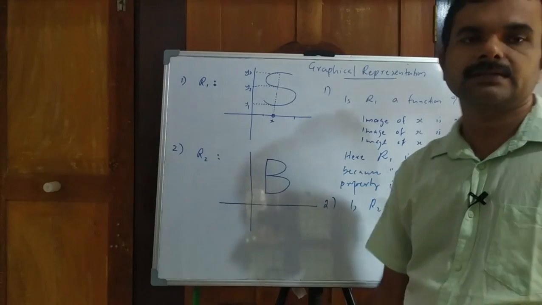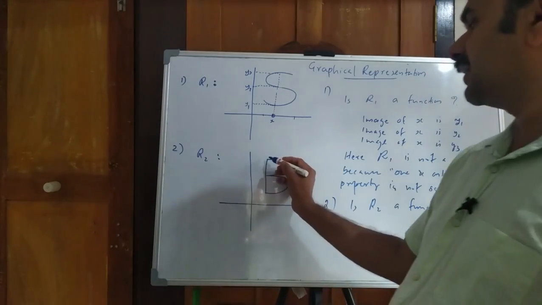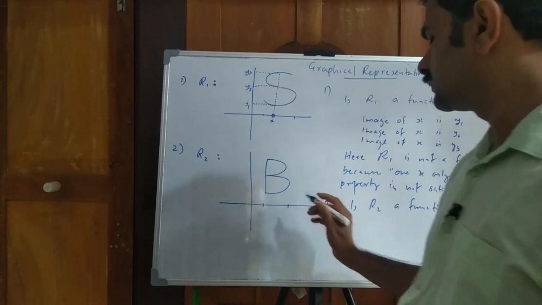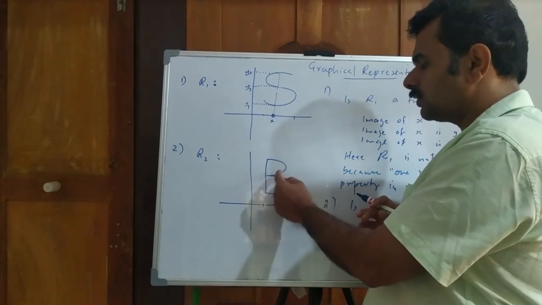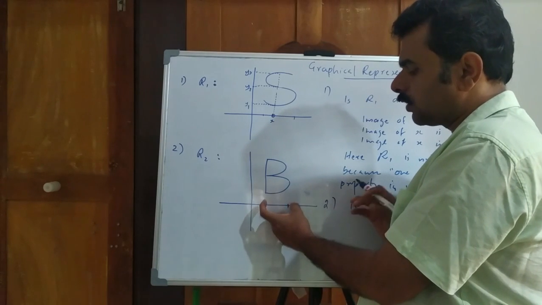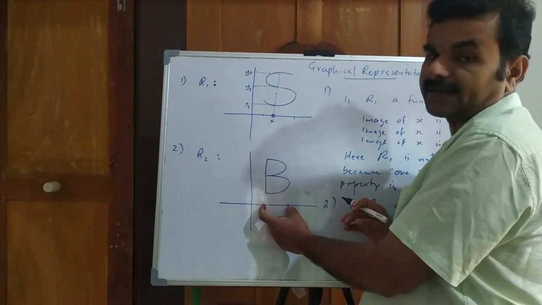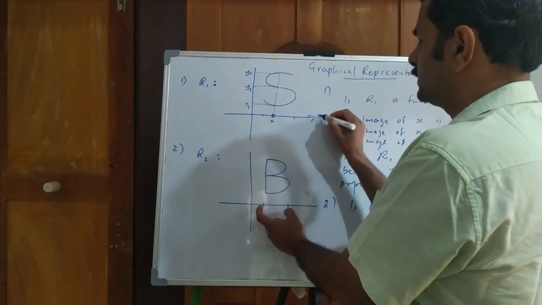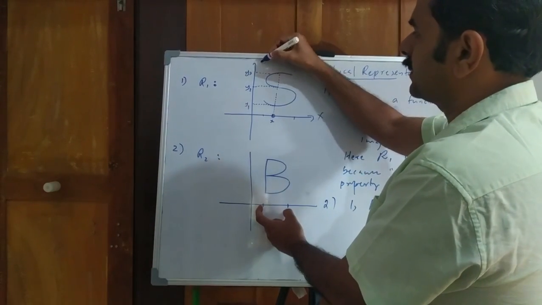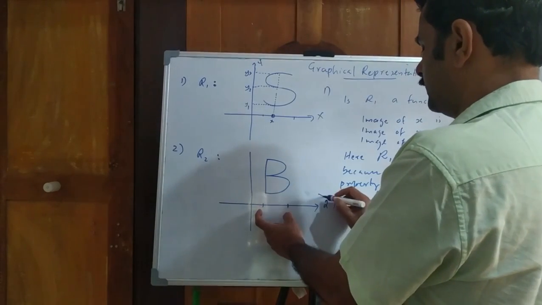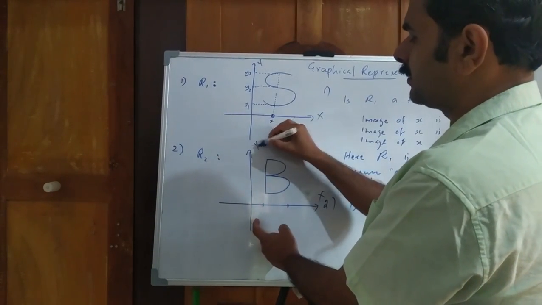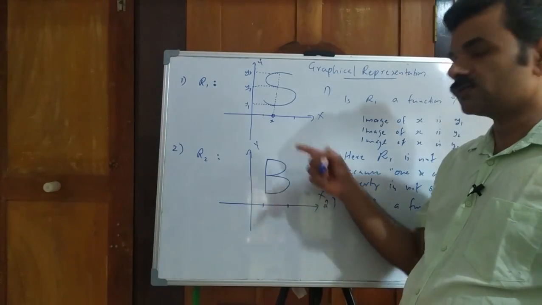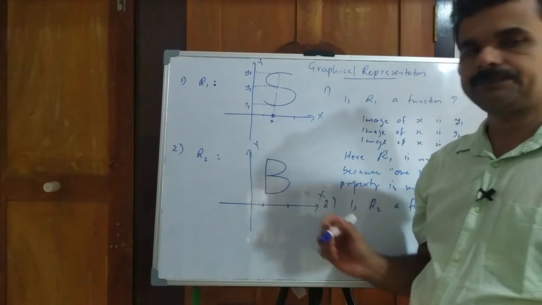Is R2 a function? In the same way, we can take the domain, or x values, up to here, isn't it? Domain means what? To draw this B, how much space is needed on the x-axis? The first set is here on the x-axis, capital X, and the second is capital Y. So here a relation is defined from capital X to capital Y. So this is the domain.